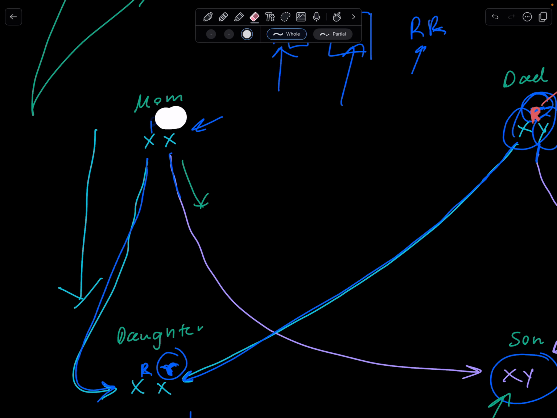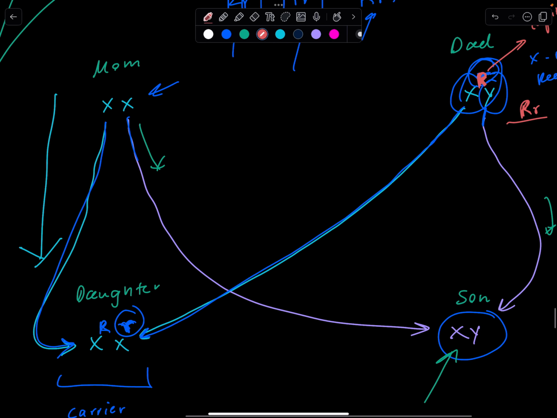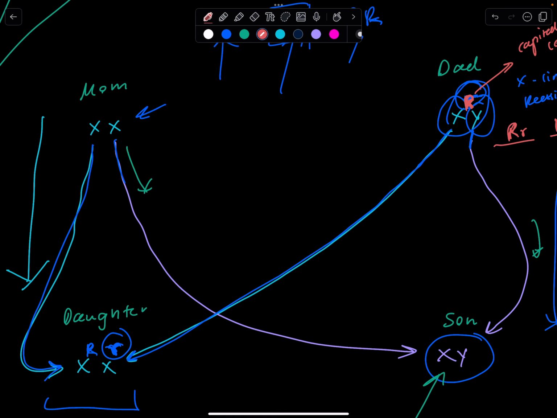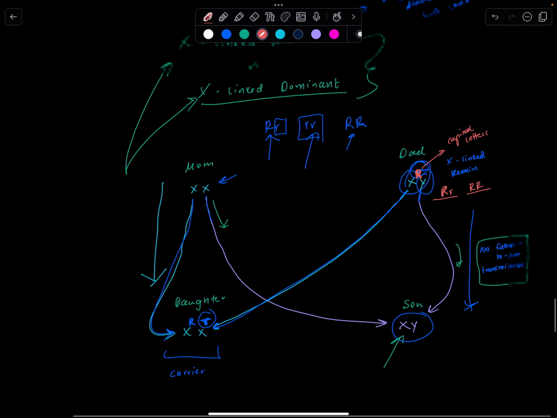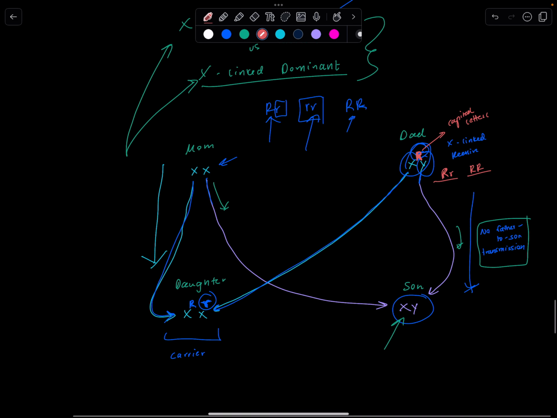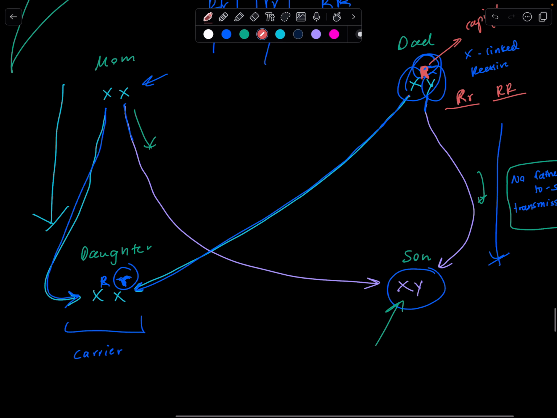Okay, so let's say we're going to just take mom out of the picture for now. We're just going to say she has regular X chromosomes. The dad is carrying the disease now, and it is an X-linked dominant disease. So the dad is going to give this big R to his daughter.